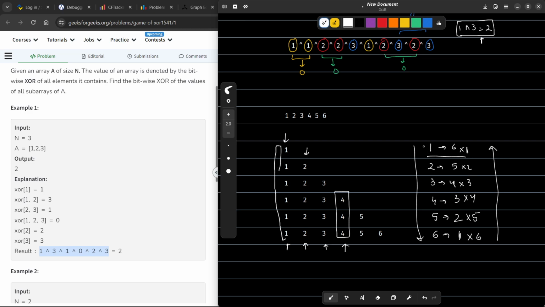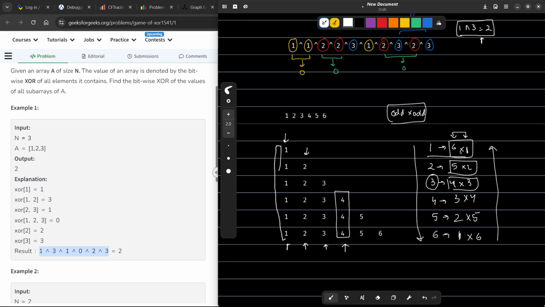So I want this final value that I get to be odd, right? Only then will this value be eligible to take, because its frequency is odd. How do I make sure that the multiplication of two numbers is odd? It is only possible when both of the numbers are odd, right? Even if one of the numbers is even, that means the final multiplication is going to be even.